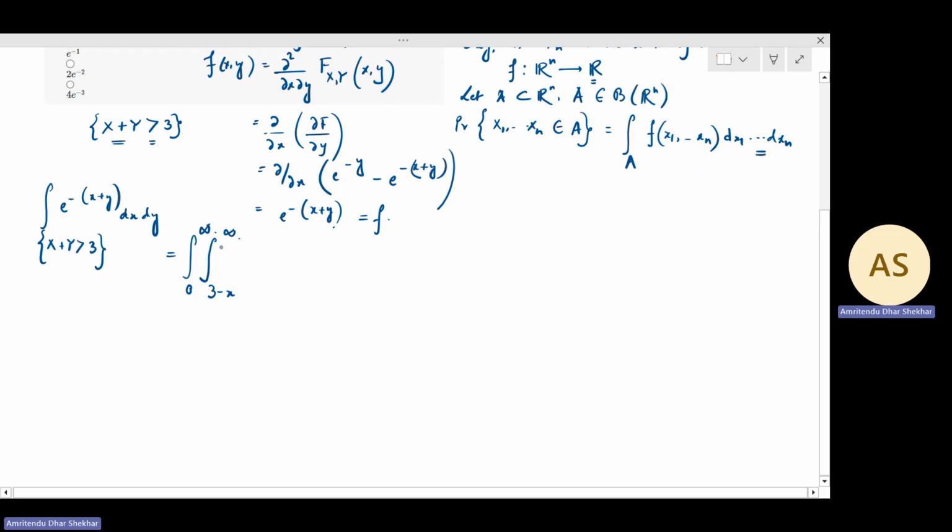Then you have this density function f xy dy dx. So that would give you the probability.